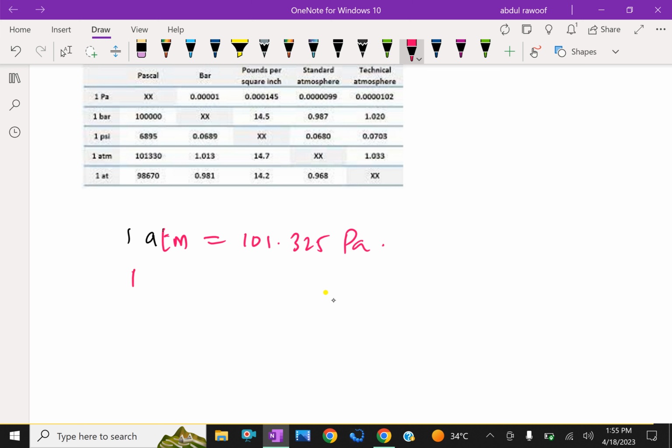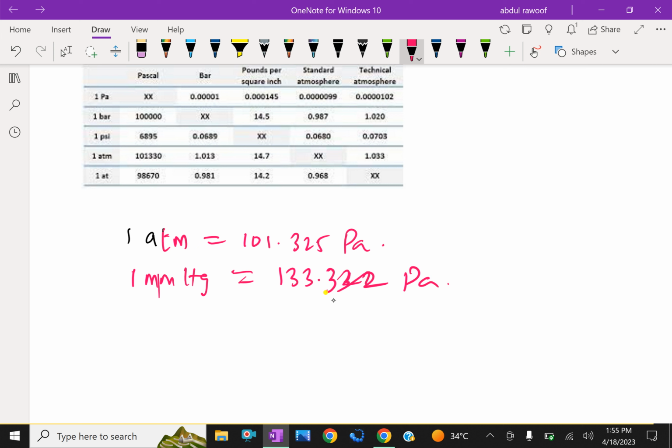Therefore, 1 mm of Hg, from the table, is equal to 133.322 Pascal.